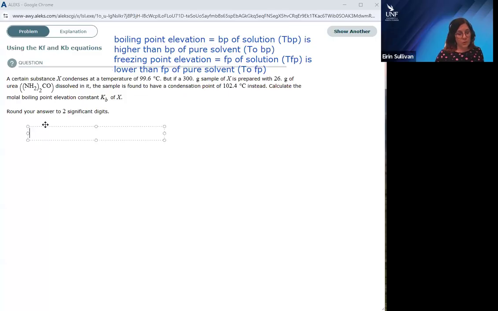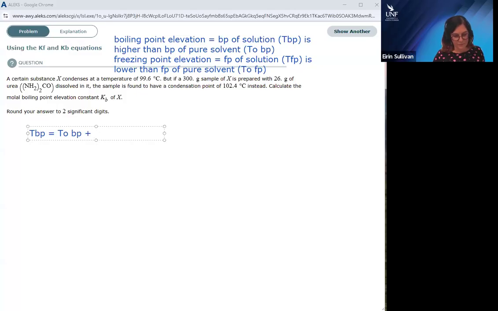The difference between the boiling point of the pure solvent and the solution, you're going to have to add on, in order to work out the boiling point of the mixture. So the boiling point of the mixture is going to be equal to whatever the boiling point of the pure solvent is, plus whatever the difference is.